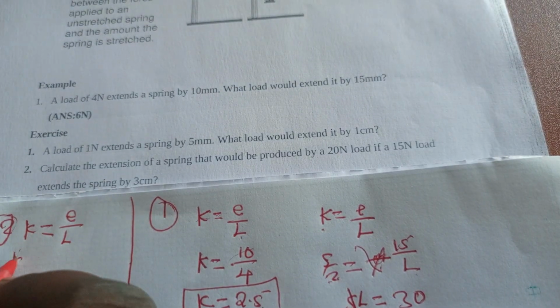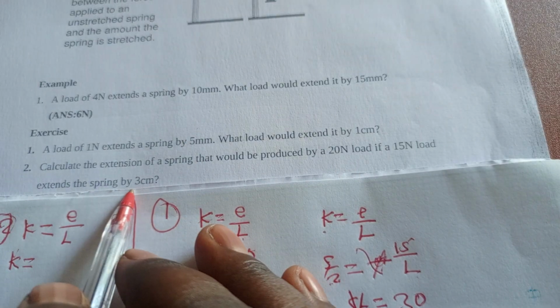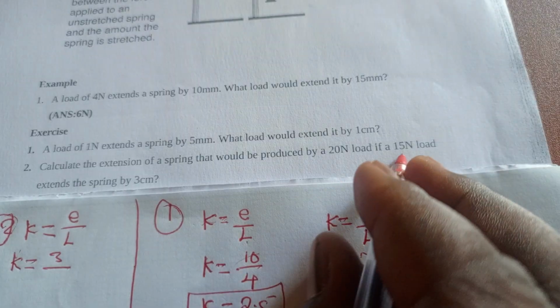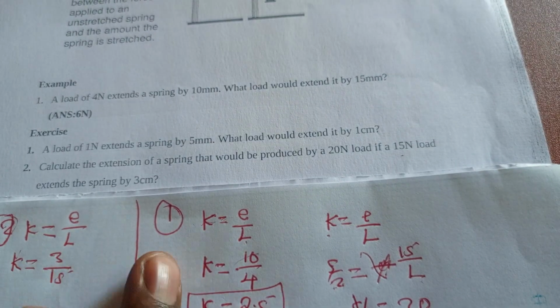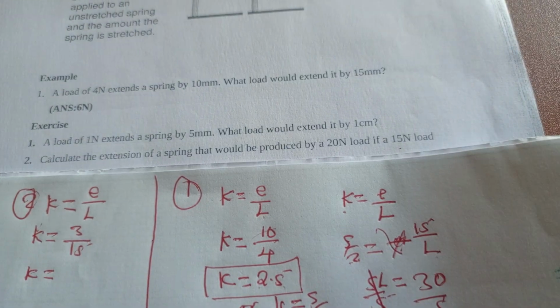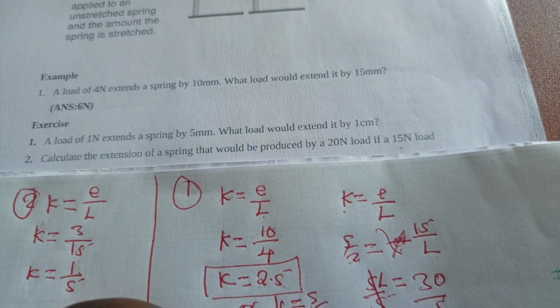We're looking for K first. Our extension is 3 centimeters, so 3 over a load of 15 Newtons. You can leave this in fraction form, so K is equal to 1 over 5.